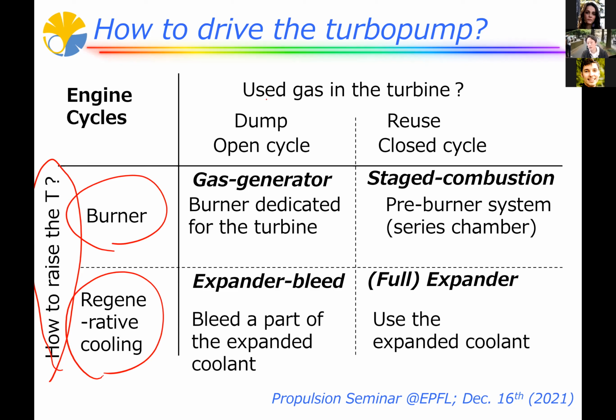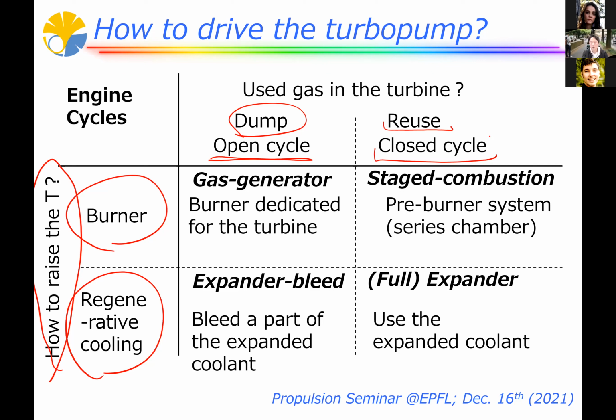And also another categorization is the treatment of the used gas in the turbine. So after the turbine, that gas is dumped or reused. In the case of dumping, it's called open cycle. And in the case of reuse, it's called closed cycle.